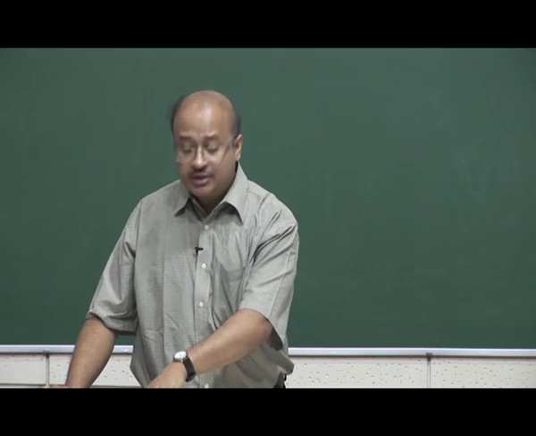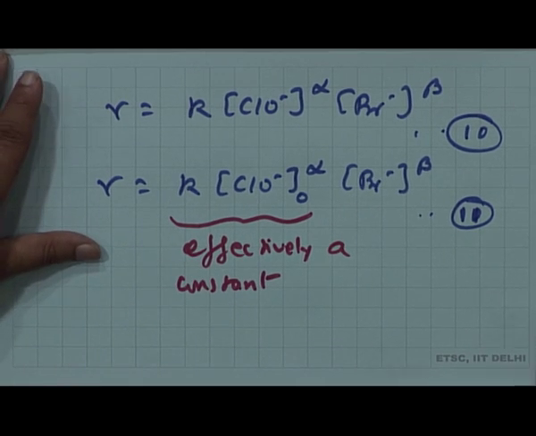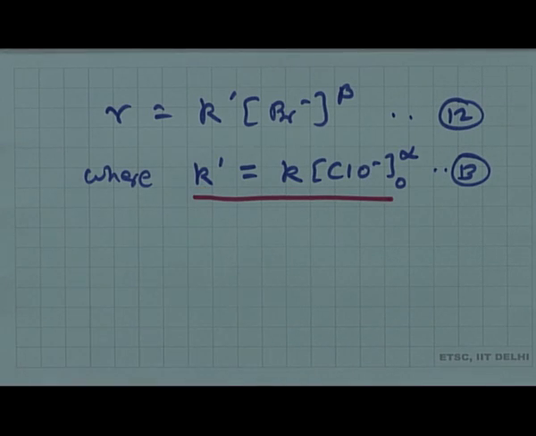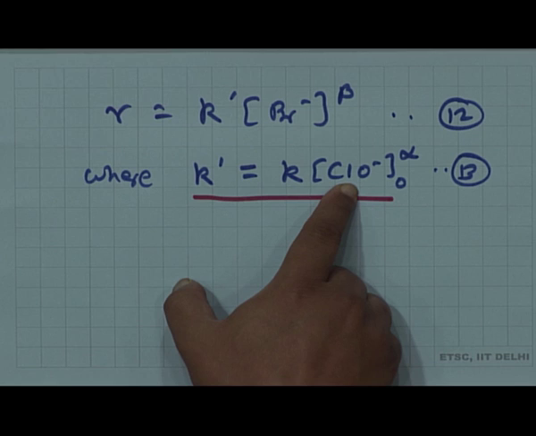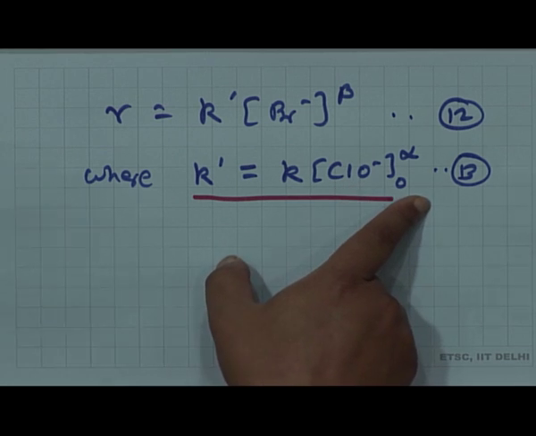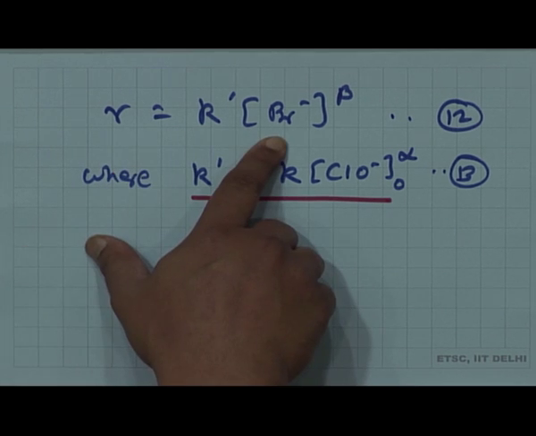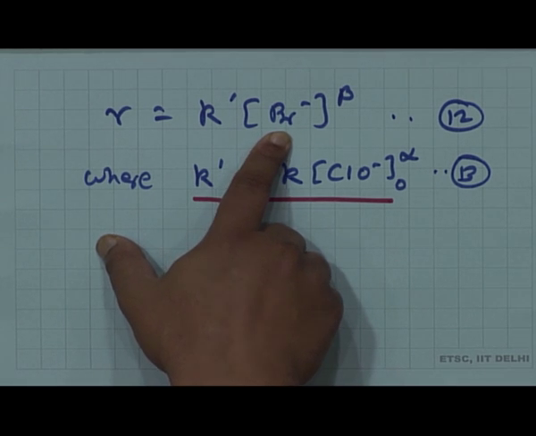Having done that, because this is a constant and this K is also a constant, we can immediately replace this by another constant, which is K prime. What is this K prime equal to? K prime is equal to K times the concentration ClO minus initial concentration raised to the power alpha, and in this original equation what we have is R is equal to K prime times Br minus to the power beta.